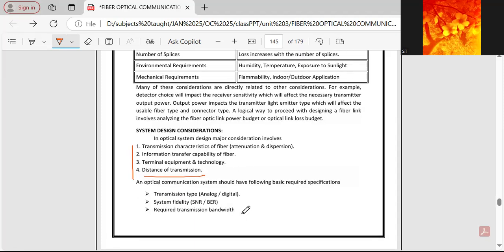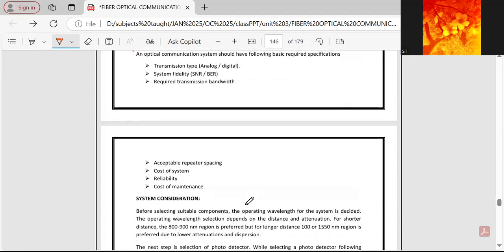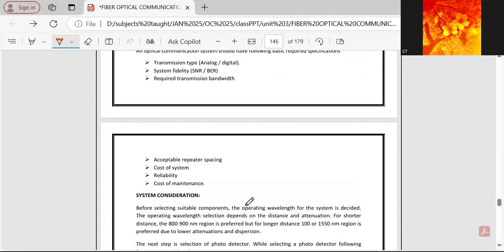And now, there will be one parameter, transmission type. So what will be the transmission type? You can select analog or digital. We can measure system fidelity using SNR and BER. What is the required transmission bandwidth? What is the distance between the repeaters?